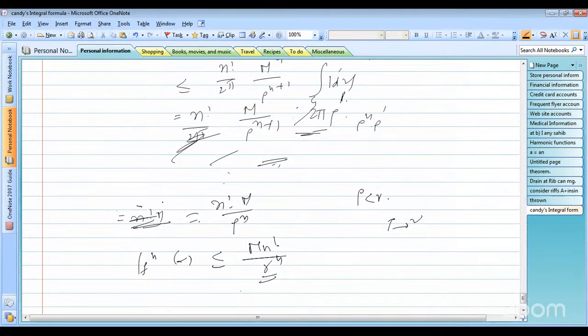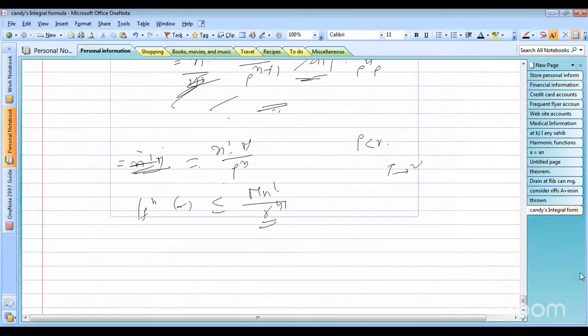Then one example, the Cauchy-Hadamard inequality we have done here.